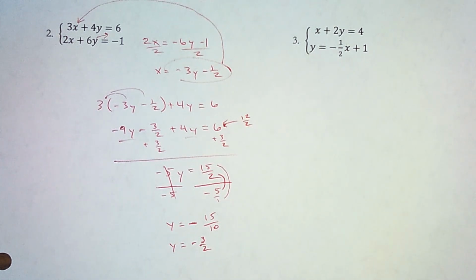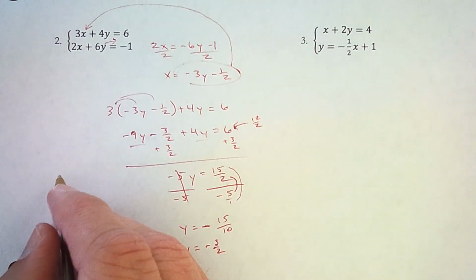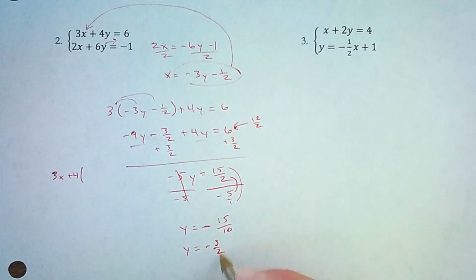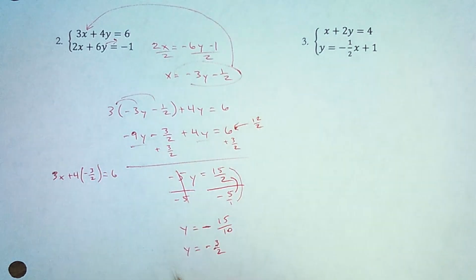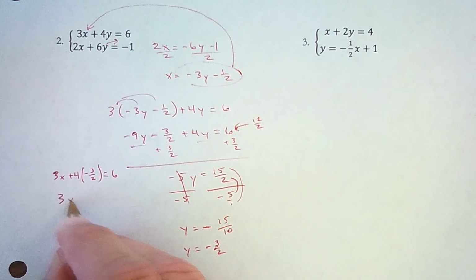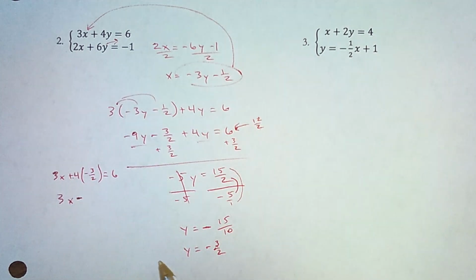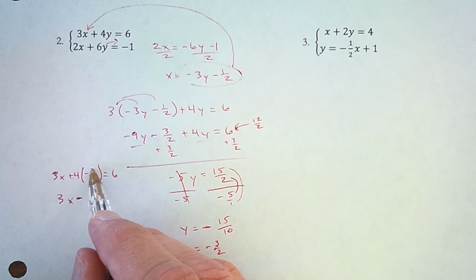Now I have to decide if I want to plug that into the first or second equation, and I think I'm going to go with the first equation. So I've got 3x plus 4 times negative 3 halves equals 6. Okay, now positive times negative is negative. 4 times 3 over 2. 4 times 3 is 12.